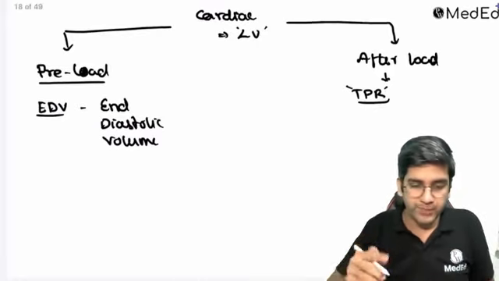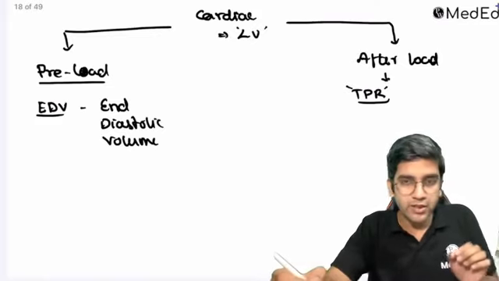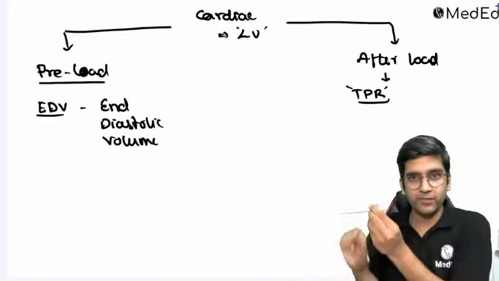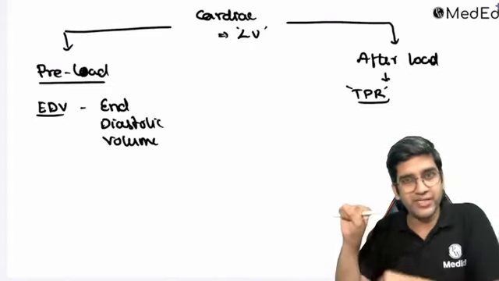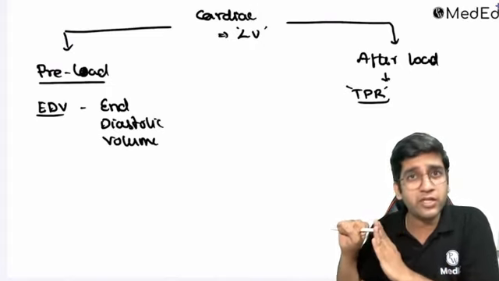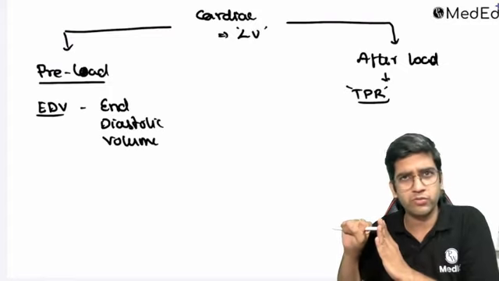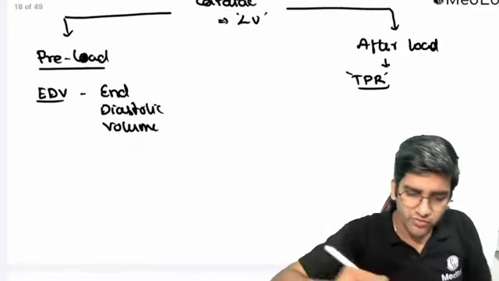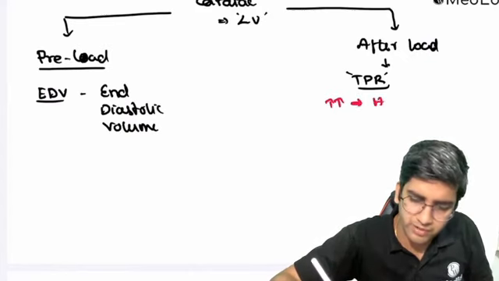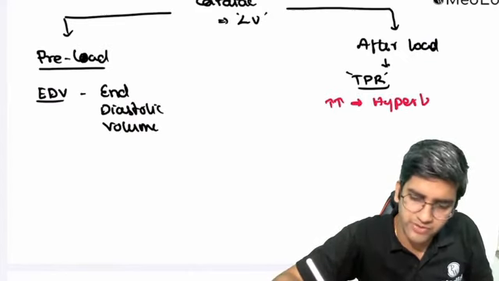Perfect. Now let's say in a patient whose total peripheral resistance is high, the resistance of the vessel is high. So in other words, can I say this patient is suffering from hypertension? Possible, right? So whenever there's an increase in total peripheral resistance, I'm going to call them hypertensive. Blood pressure is increased, right?